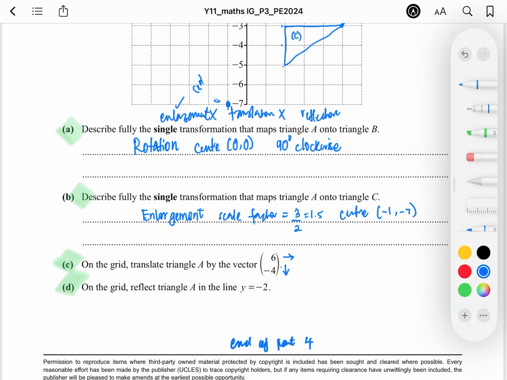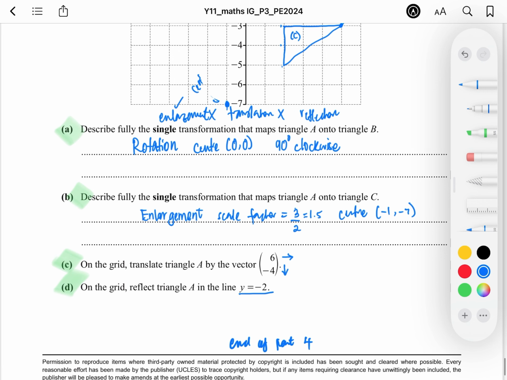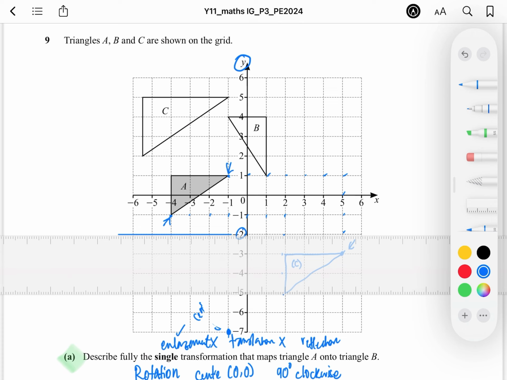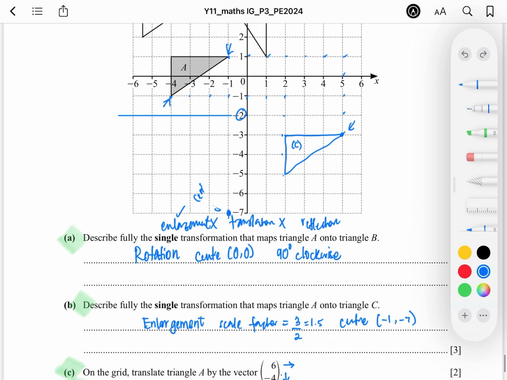On the grid, reflect triangle A in the line y equals -2. So you look at y here and you look at -2, take out a ruler, draw your mirror line there. We're just drawing over there because we're only reflecting A here. Remove that ruler.